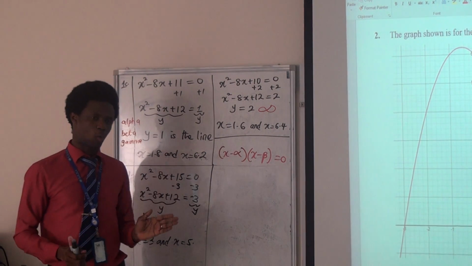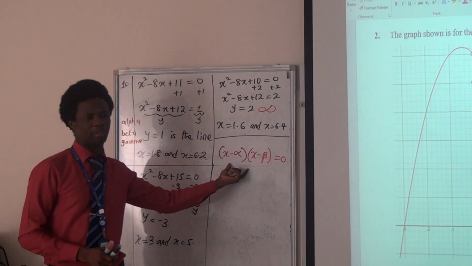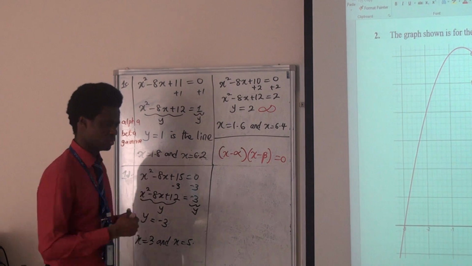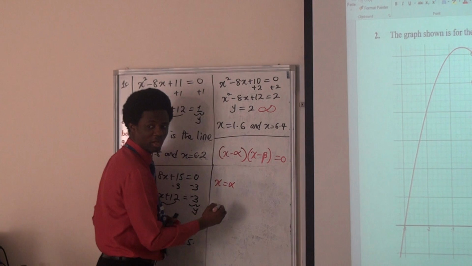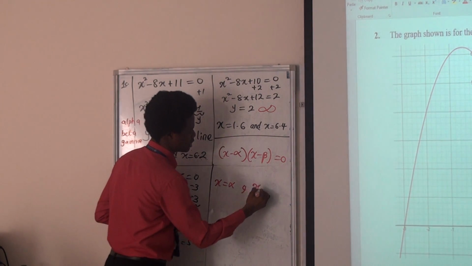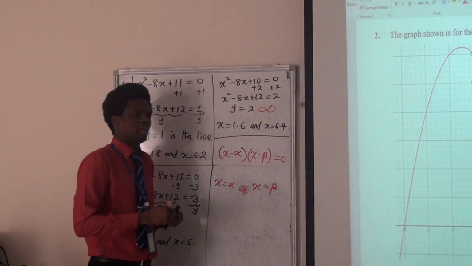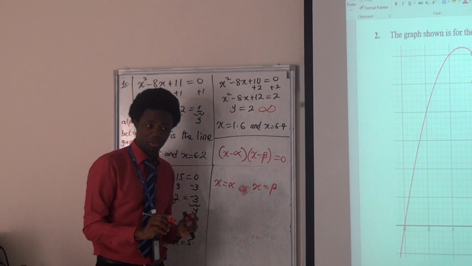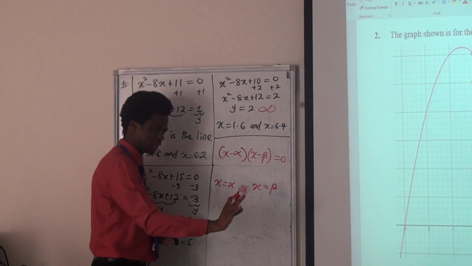Somebody gave me a random equation. I factorize, and I got to this point. What are the solutions of the equation? X is equal to alpha, and X is equal to beta. Do you agree? So this is how to get the equation from the roots, something we haven't done and you forget about it in Form 3.